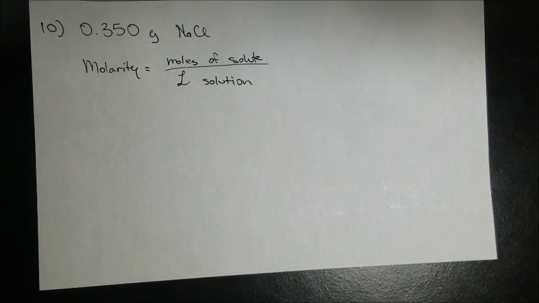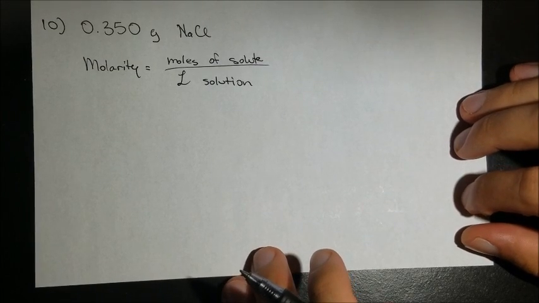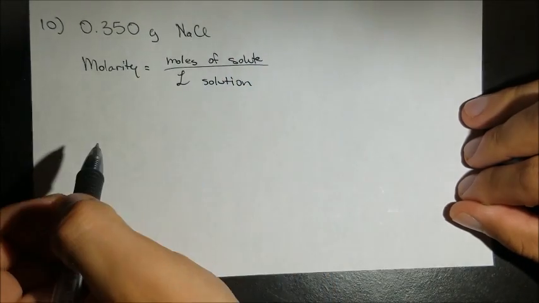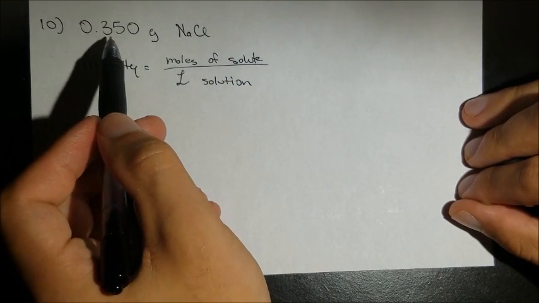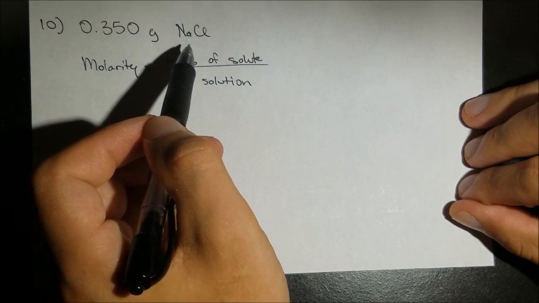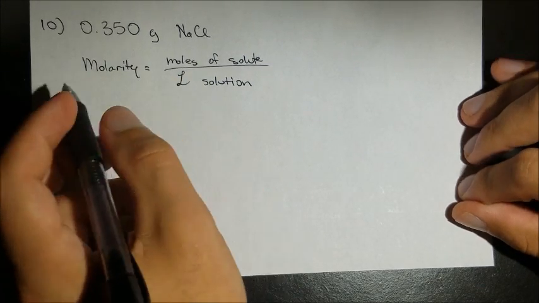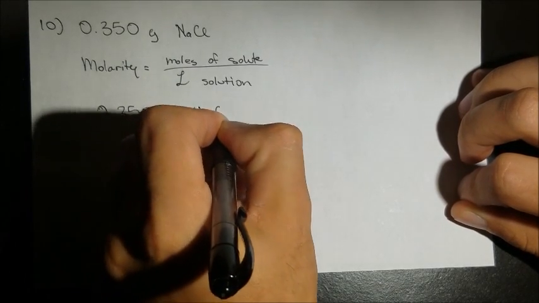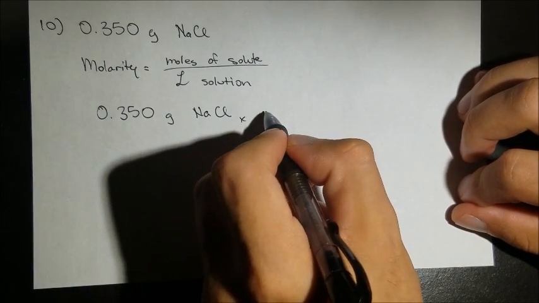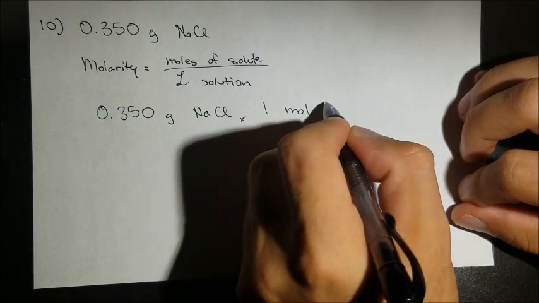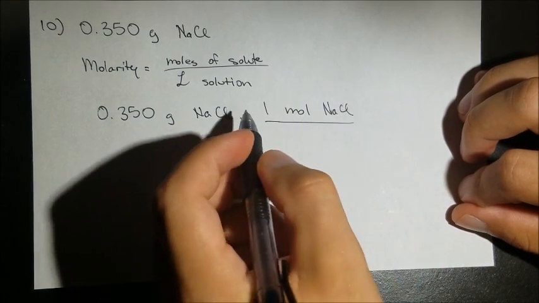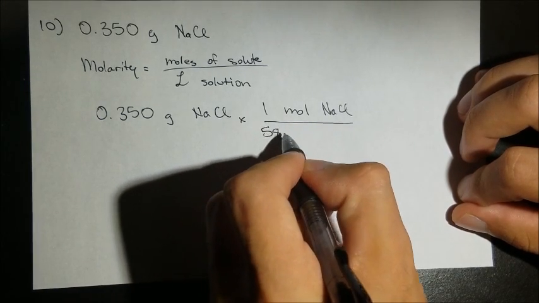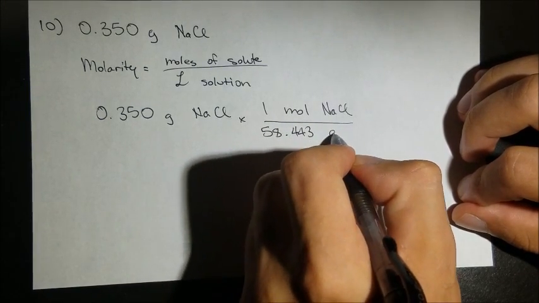So we have two things we need to determine. We need to figure out what the moles of solute are, and we need to figure out what the liters of solution are. So we have sodium chloride as our solute. So what we need to do is go from grams of sodium chloride into moles of sodium chloride. So let me do that here. 0.350 grams of sodium chloride times, for every 1 mole, I have 58.443 grams.